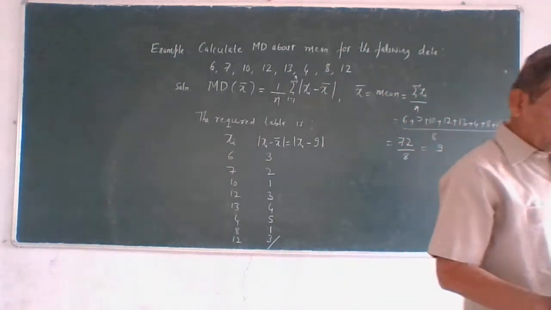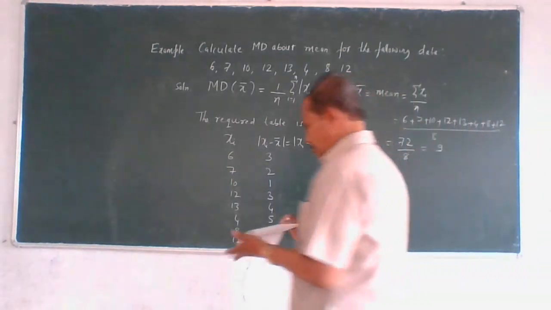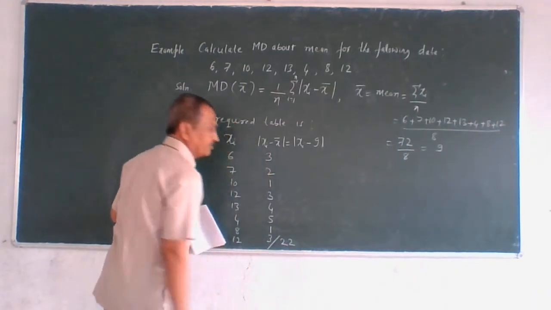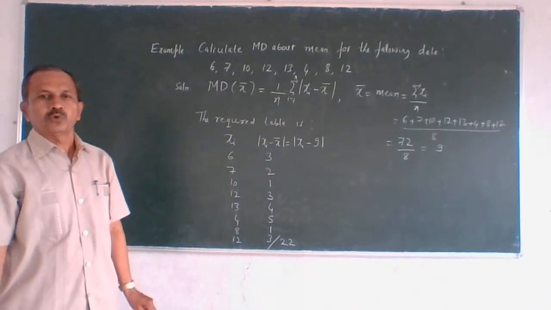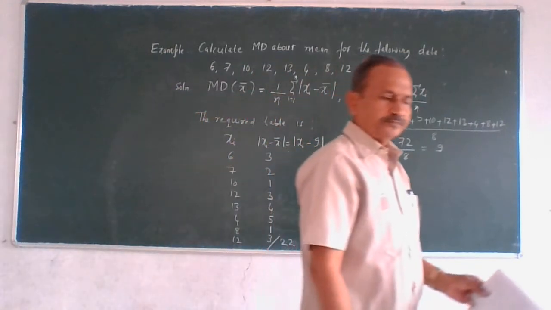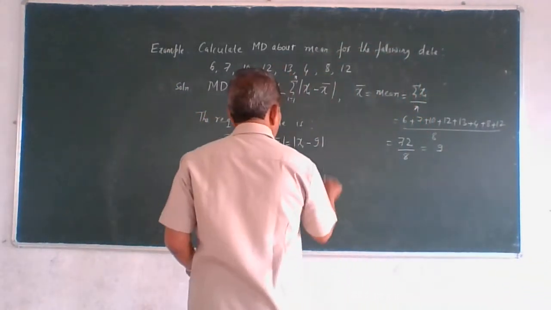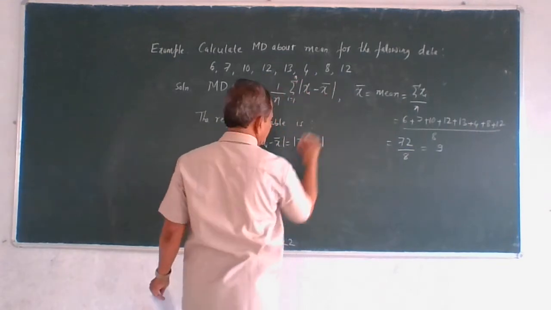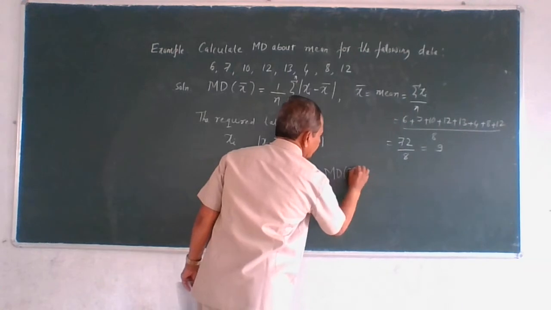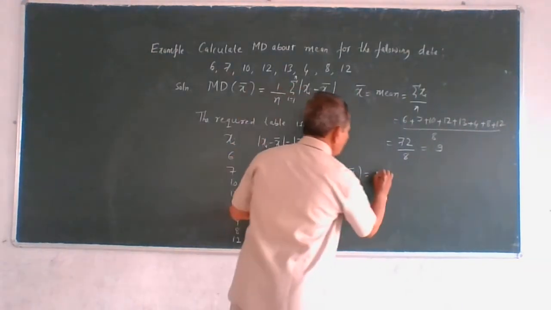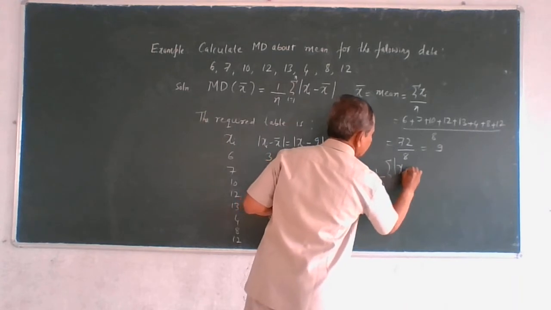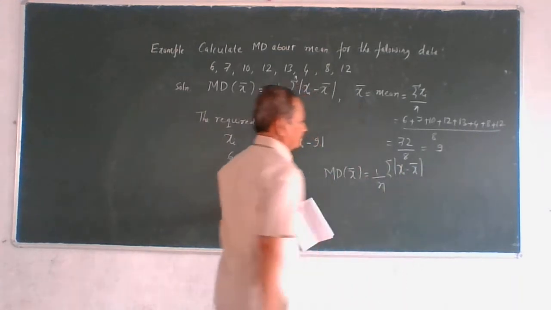This total is 22. Now calculate the mean deviation. Mean deviation about the mean is equal to 1 by n, summation of modulus of xi minus x bar.